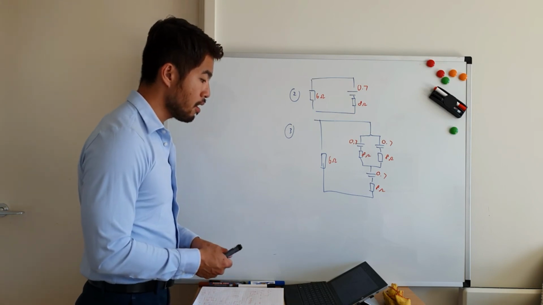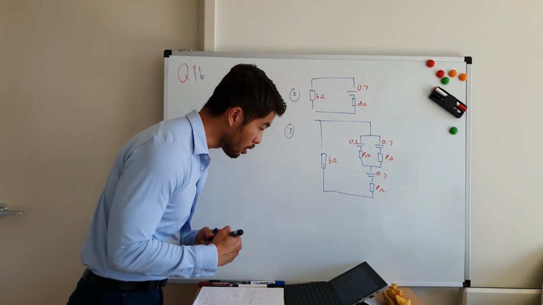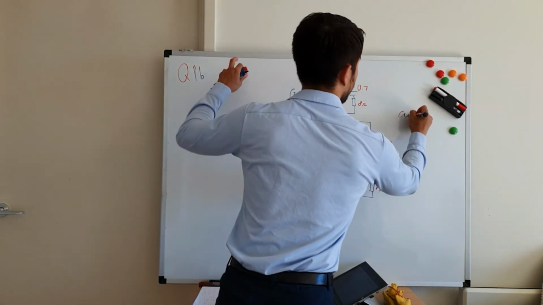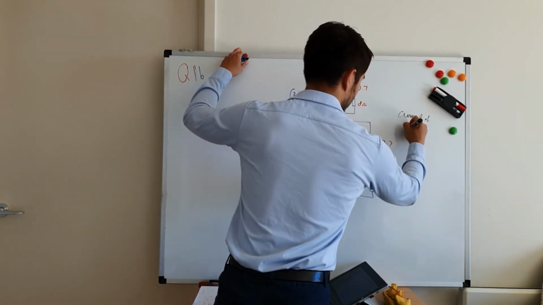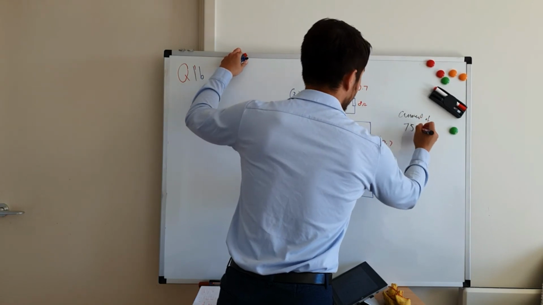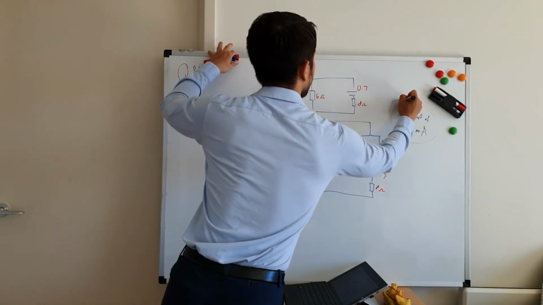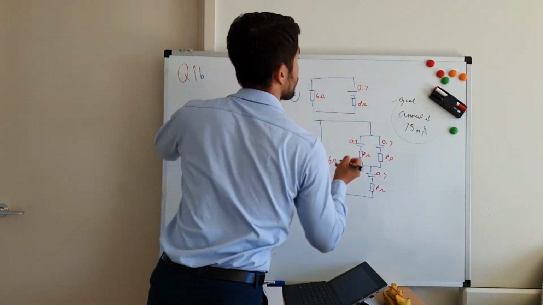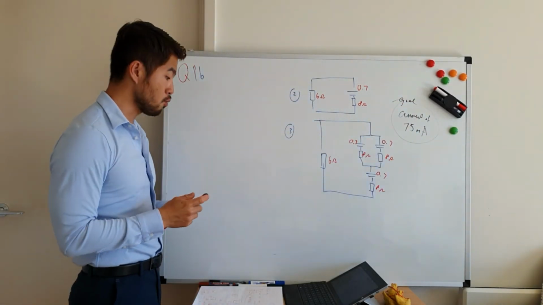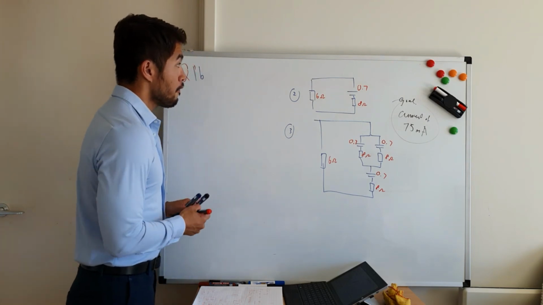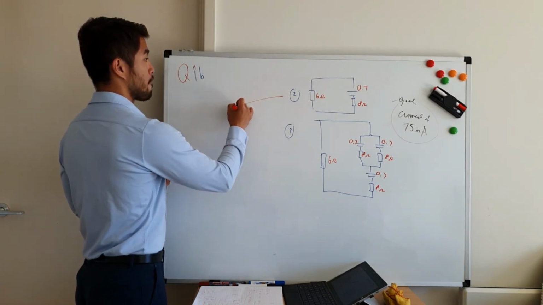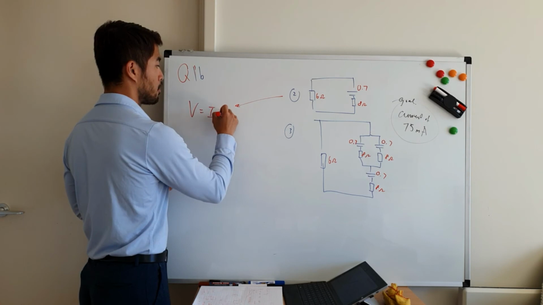Anyway, our goal is to get a current of 75 mA. So let's see what the current is. This is the goal, which we are not going to use in our calculation. For the first one, very easy. V equals IR.